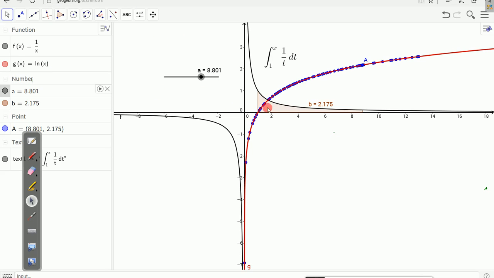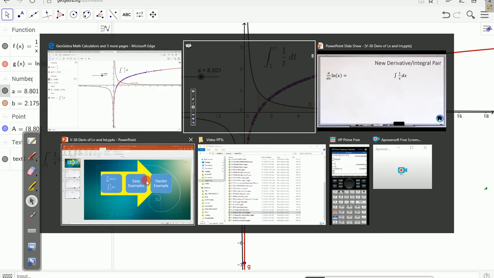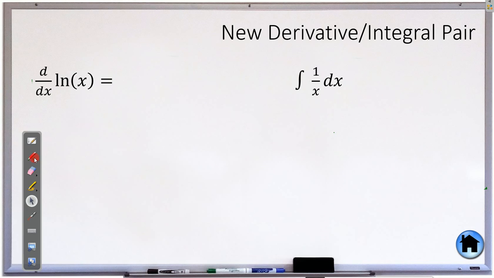And as you can see, natural log of x, this red curve is only on the right side for positive values. So when we write down what we know here, the integral of 1 over x is equal to the natural log of the absolute value of x plus c.